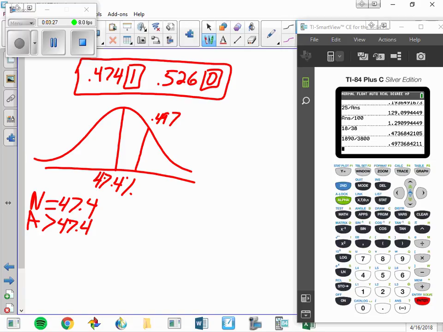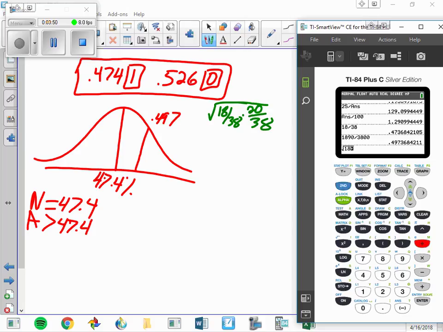Do I do a z-test or a t-test? Z. I have a lot of samples. Okay, so I take my SD, which is the square root of 18/38 times 20/38. That gives me an SD of 0.499.